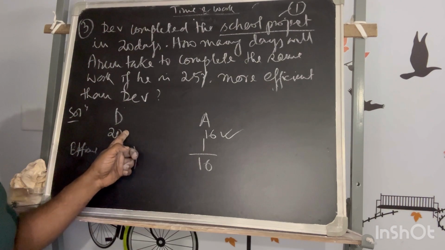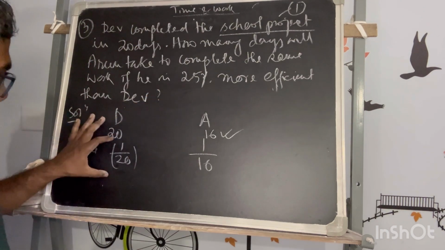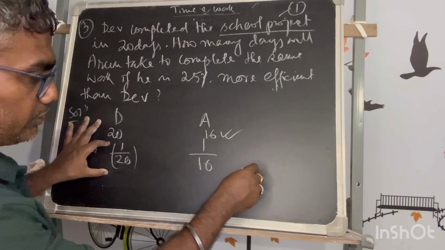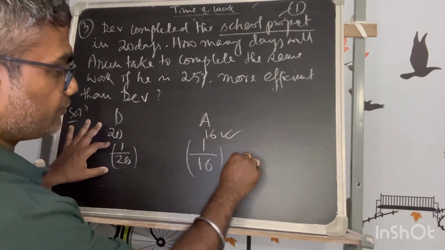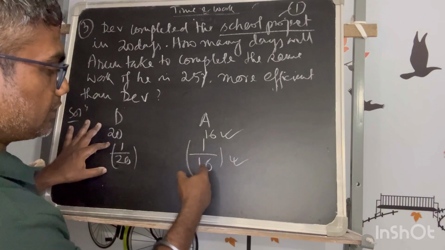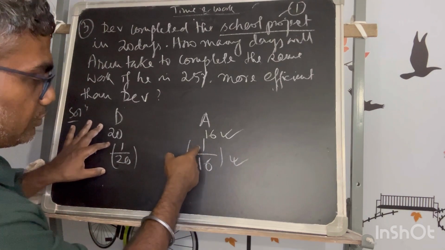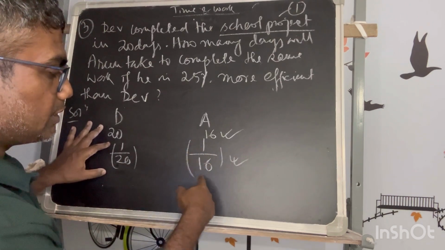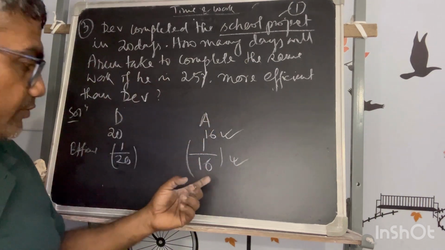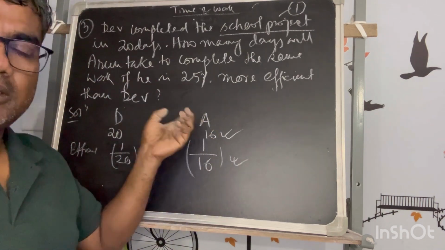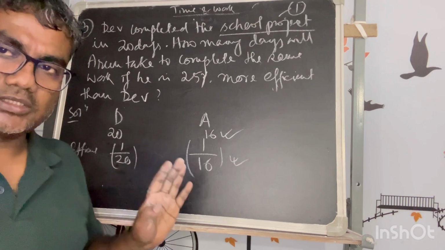He is 25% more, so you multiply the efficiency by 1.25 and get Arun's efficiency. Once you get it, it is the complete work in how many days? 16. So this is your answer. You can get the answer directly. Understood?